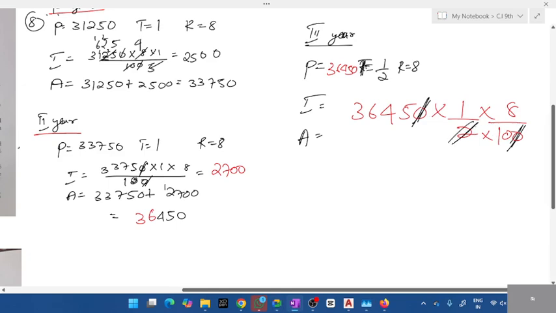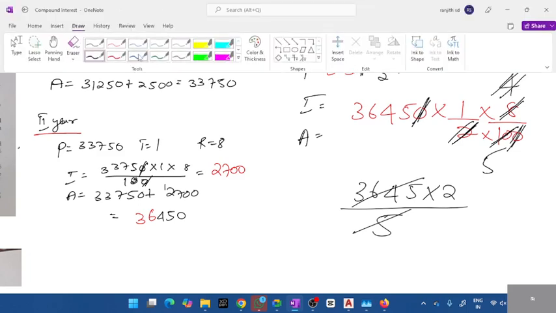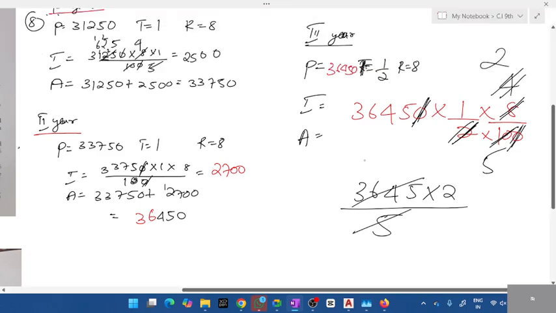2 ones are 2, 2 fours are 8. Next, 10 is left. 2 fives are 10, 2 twos are 4, right? What are the numbers we have? 3, 6, 4, 5 into 2 divided by 5. Reduce. How many times 5 goes in? 3,645. 5 sevens are 35.